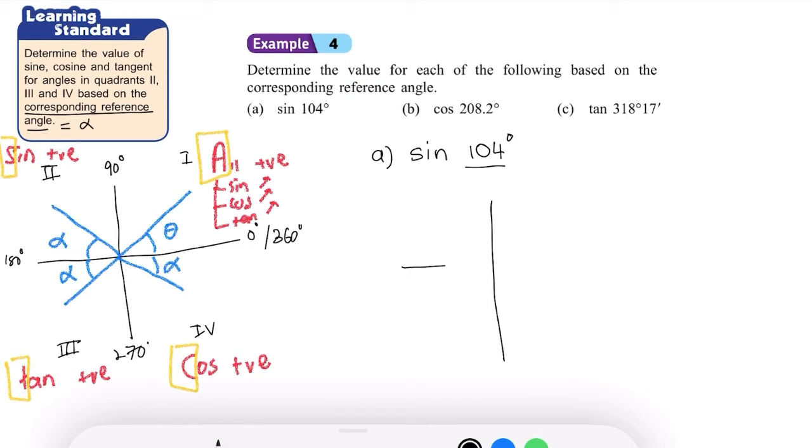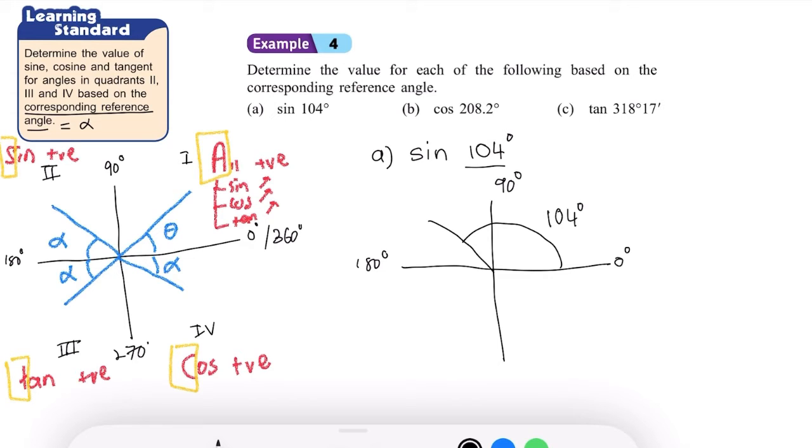So first step, we need to draw and decide where 104 degree belongs to. So here is 0 degree, here is 180 degree, and here is 90 degree. So that could be our 104 degree.